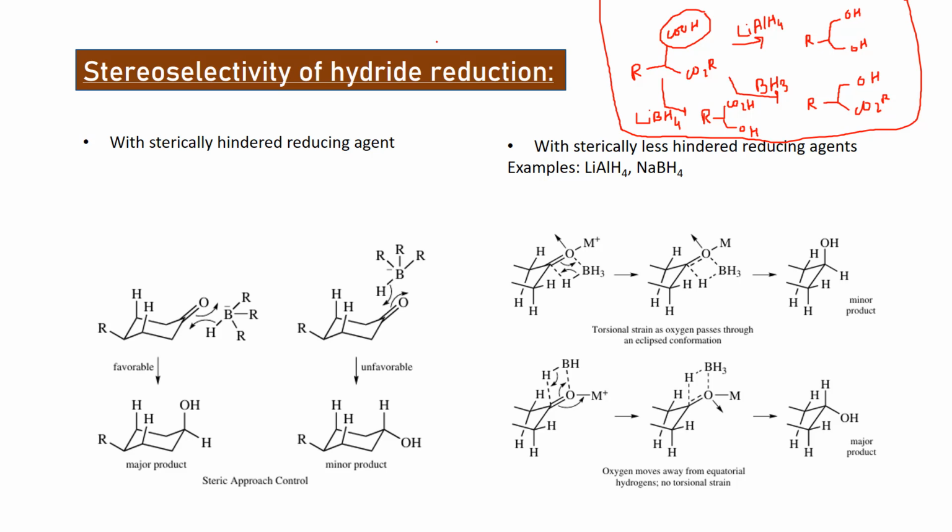Suppose you have such a group, with R and R dash. Now, after reduction, what will happen?